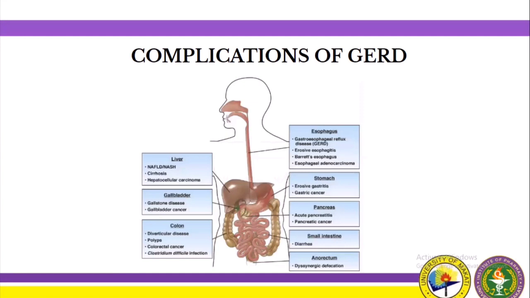In the gallbladder, gallstone disease and gallbladder cancer. In the pancreas, acute pancreatitis and pancreatic cancer. In the colon, diverticular disease, polyps, colorectal cancer, and Clostridium difficile infection. In the small intestine, diarrhea, and in the anorectum, dyssynergic defecation.